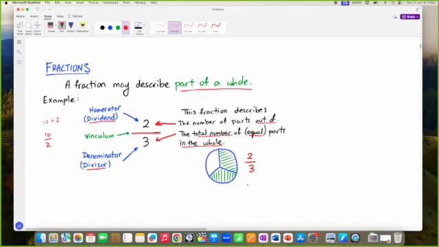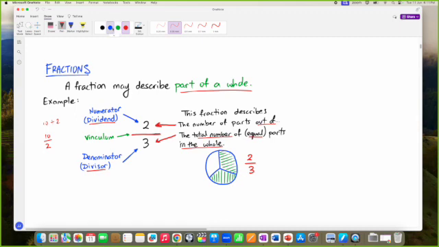So we're talking about fractions. A fraction may describe part of a whole. For example, you can see I have this fraction here, 2 over 3. This is the fraction. The top number is the numerator, also known as the dividend.